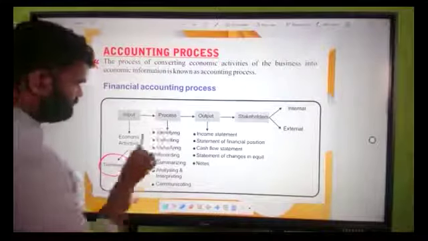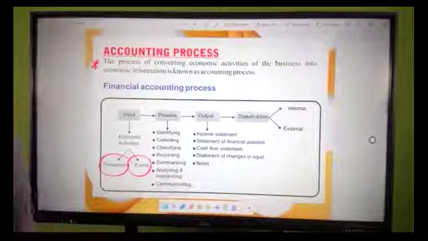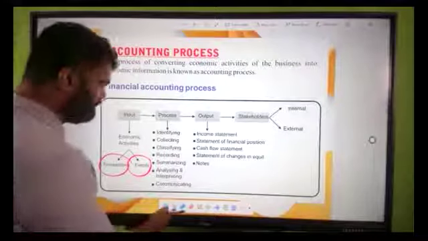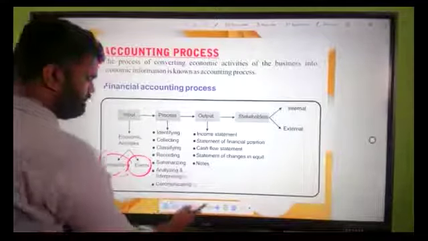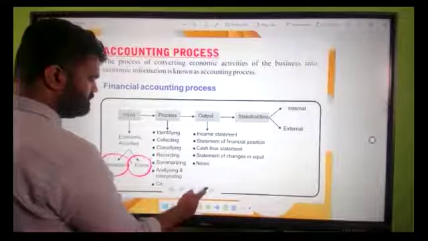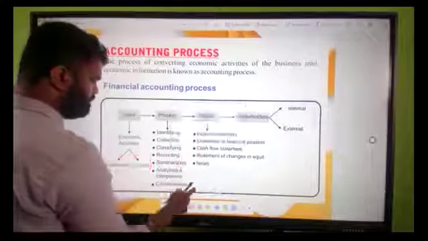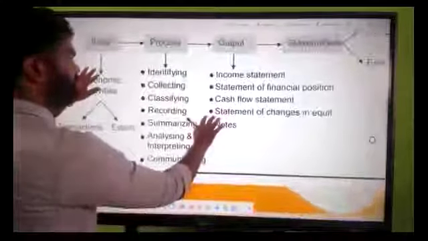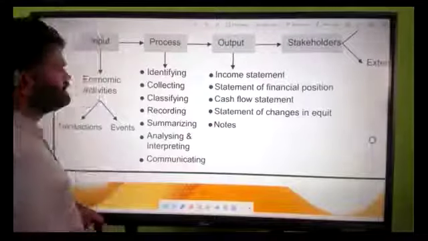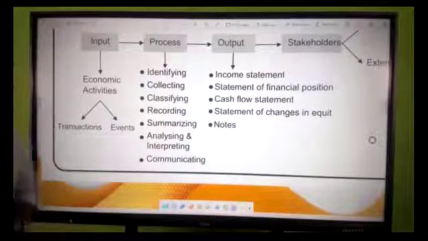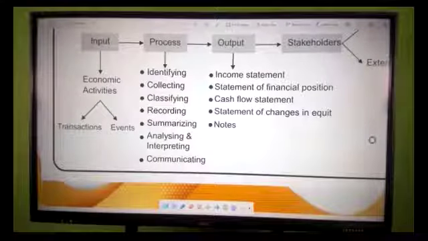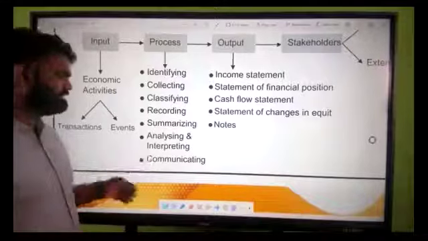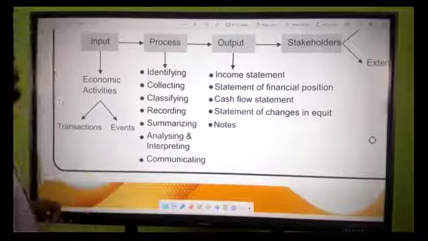And these are the steps of the process that we discussed earlier. What are they? Identifying, collecting, classifying, recording, summarizing, analyzing and interpreting, and communicating.